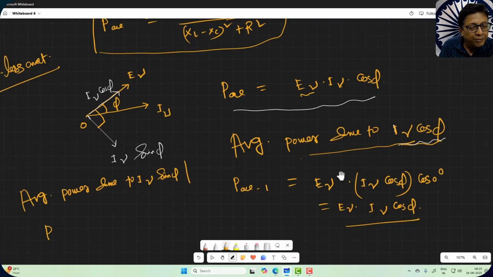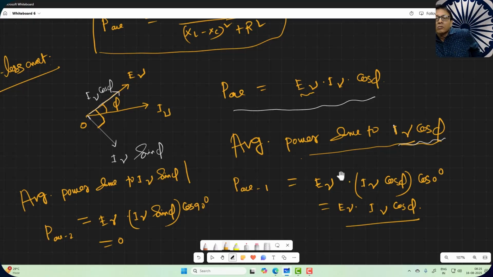It will be E nu as it is, but current will be I nu sin phi, and what's the angle between I nu sin phi and E nu? That is 90 degree. So this is going to be 0.